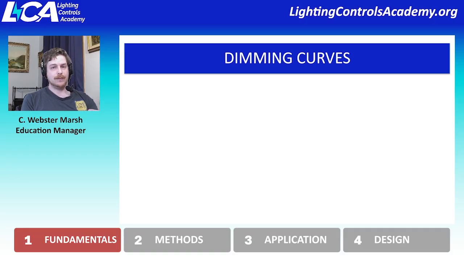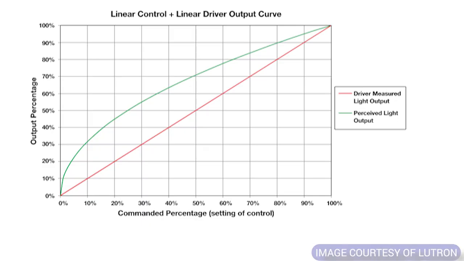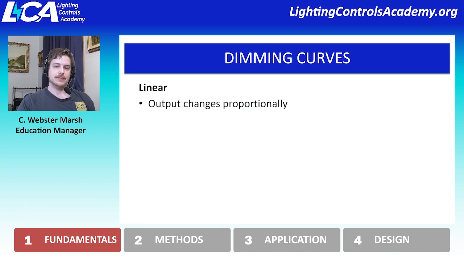So dimming curves, which is what I just mentioned, we have linear, which is what most people view as a standard dimming curve. Its output changes proportionally. So 10% is 10% of the fixture's output. 90% is 90% of the fixture's output.